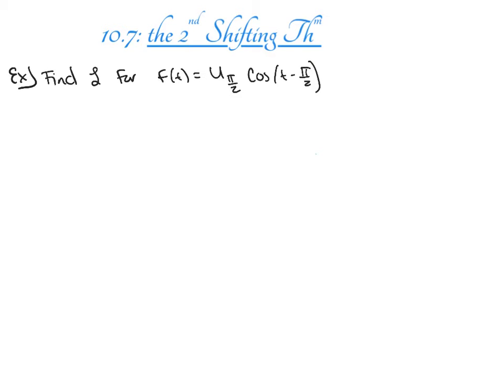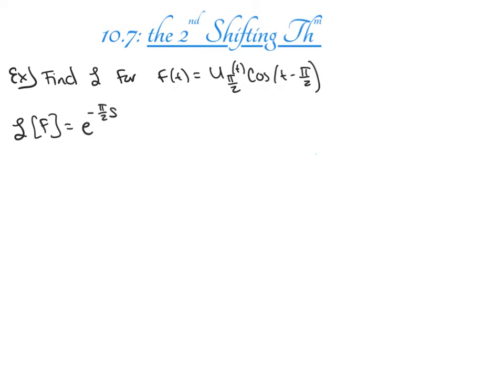Okay, so I already wrote the piecewise function in the unit step function for you. I'm being a little lazy. I'm not writing in the u of t, but u is a function of t. And then, let's see, to take the Laplace. So the unit step function starts at pi halves. So we'll have e to the negative pi halves s. And thank goodness cosine has the correct shift.